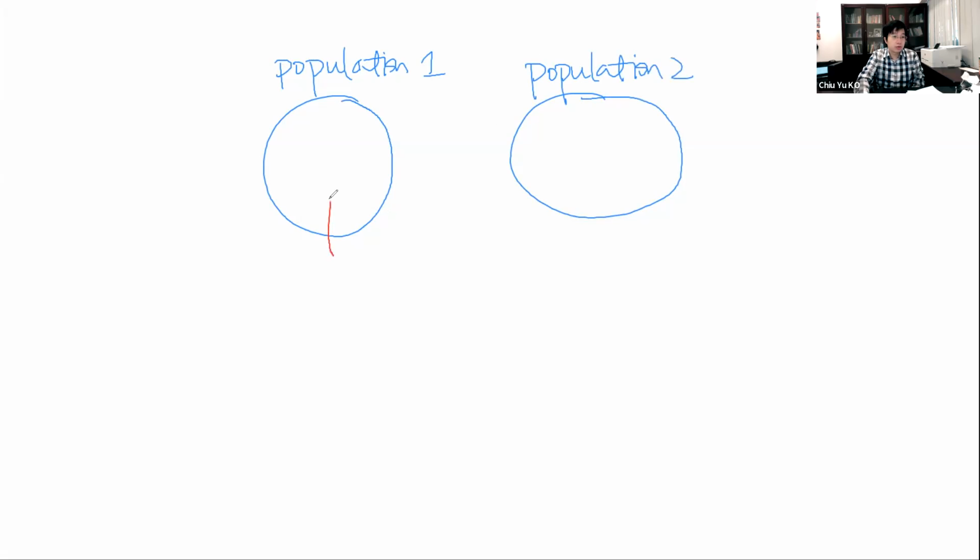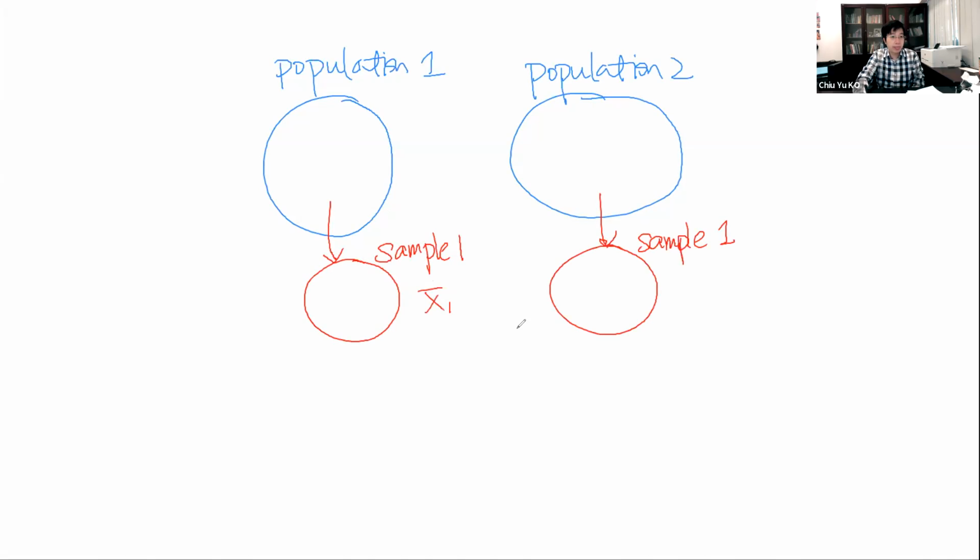And you draw a sample. You get sample 1, and another sample, sample 2. From sample 1, you can calculate the mean x bar 1, and x bar 2 from sample 2, okay?